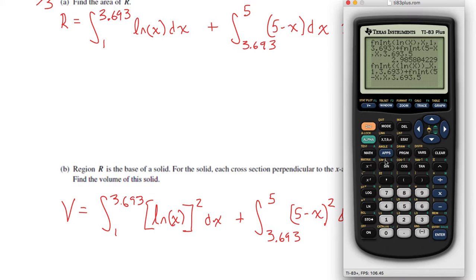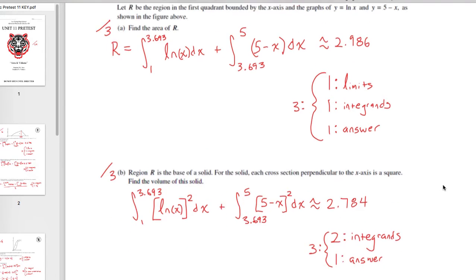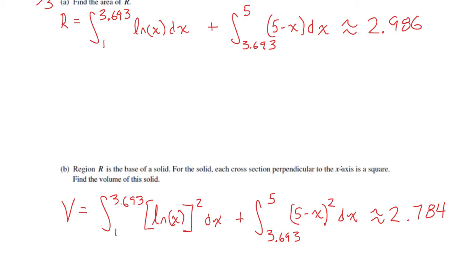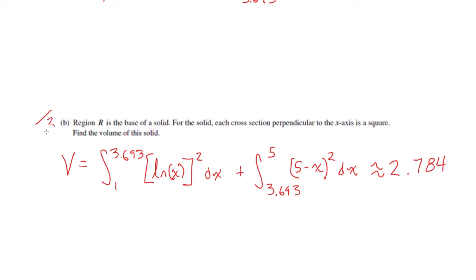And come down here to this function, second insert, parentheses squared there, and hit enter, and it should work. 2.784. I can check the answer key as well. The answer key is right there. 2.784. Yeah, and again, the way that you answer this, you get 2 points if you did the integrands, 1 point for the answer, so that one was out of 3 as well.